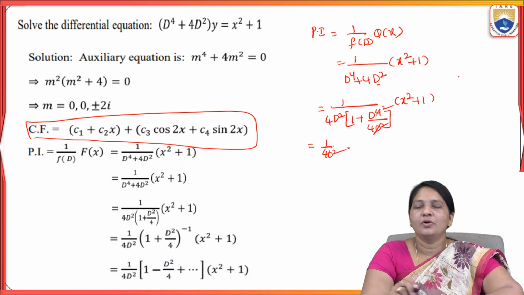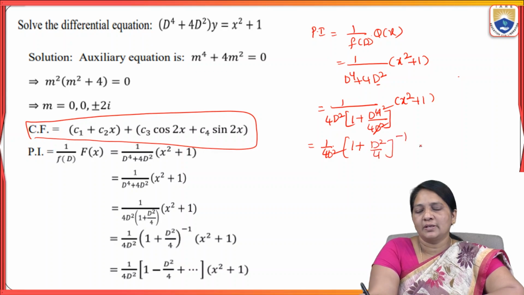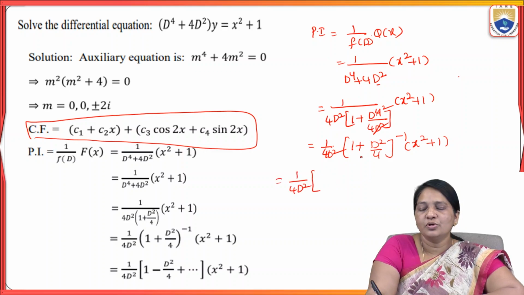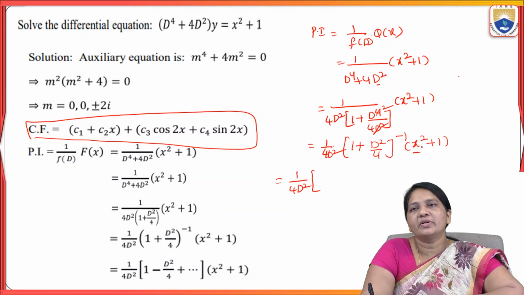And 1 by 4D^2 is the constant, and I am taking this one to the numerator. So (1 + D^2 by 4) whole inverse into x^2 + 1. Now I can expand this by using the binomial expansion. So 1 by 4D^2 into, here plus, here minus, that means we are going to get alternate plus and minus. And here x power is 2, so D^2 is enough.